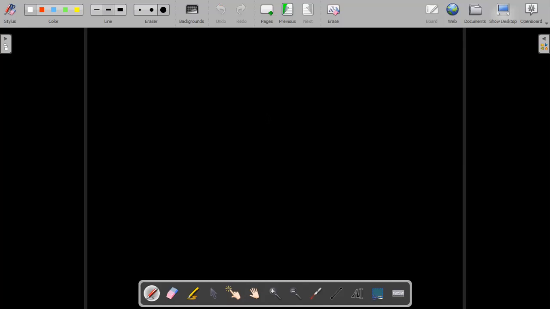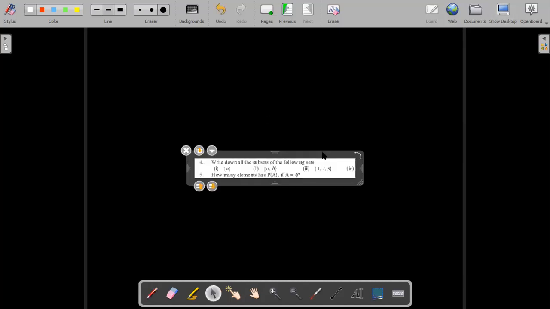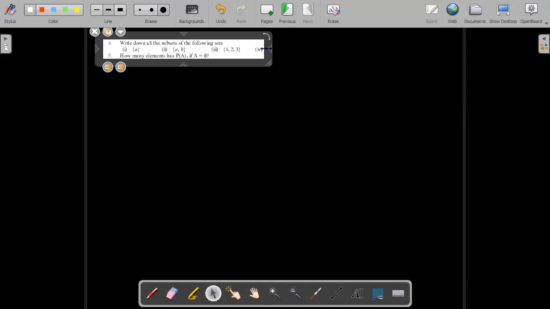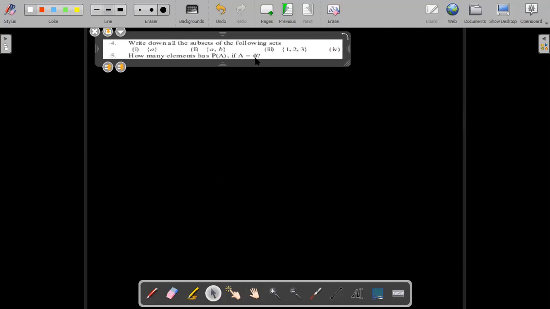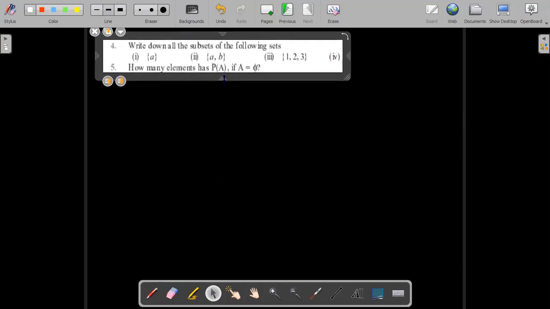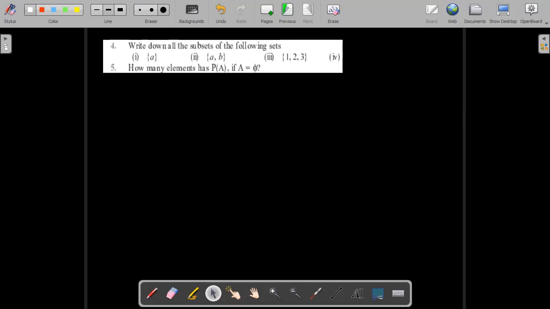Next question is write down all the subsets of the set and how many sets are there. Write down all the subsets of the following set. You know how to write the subsets of the set.